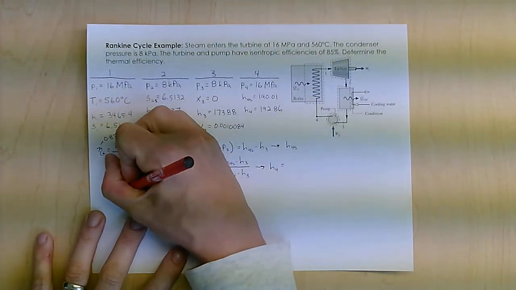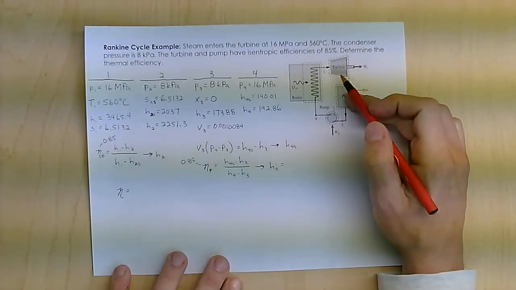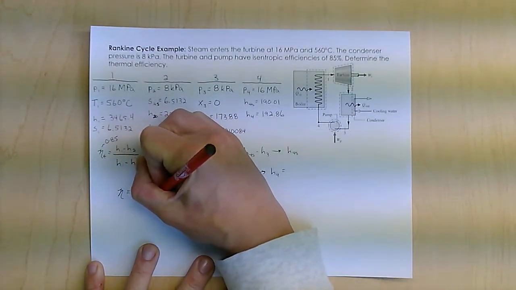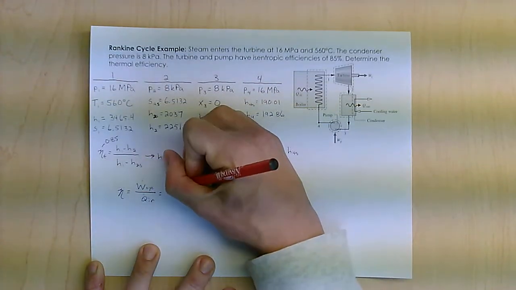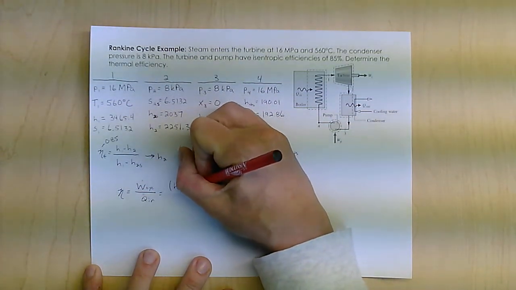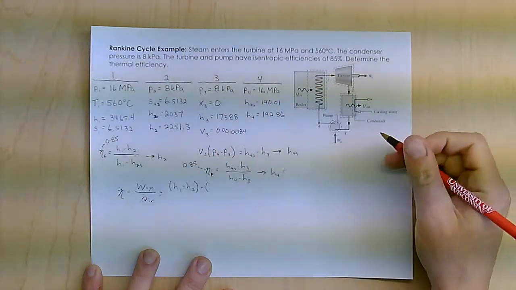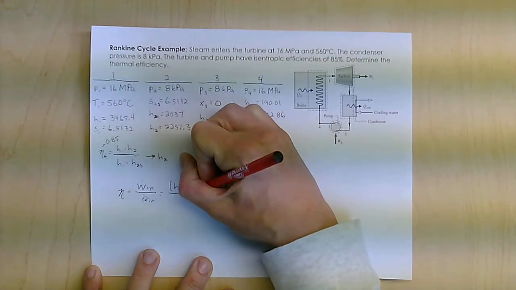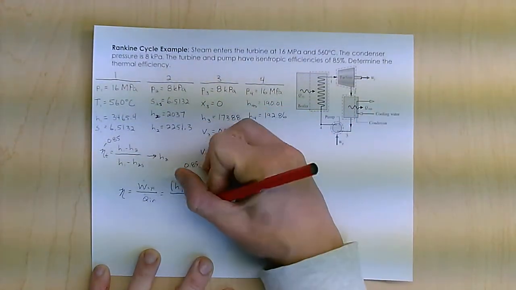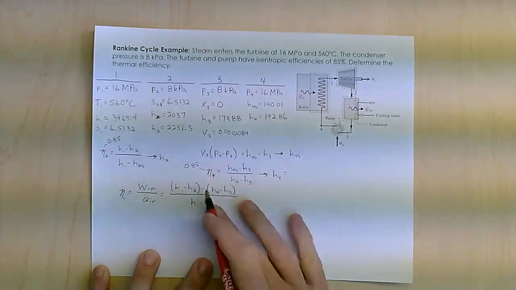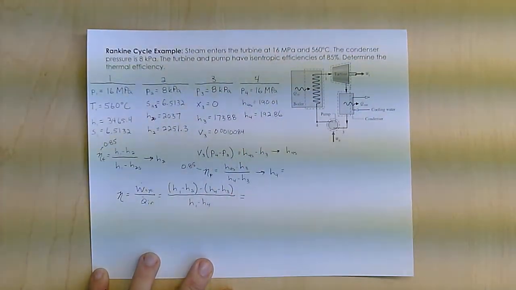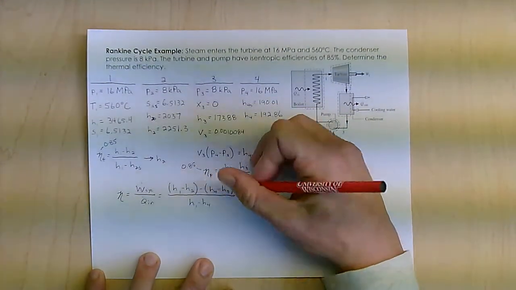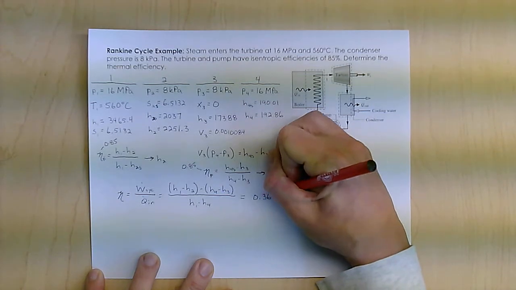My thermal efficiency, which is what I'm looking for, is the work of the cycle over Qin, which is the work of the turbine, H1 minus H2, minus the work of the pump, H4 minus H3, all over Qin, which is H1 minus H4. Plugging in all those values for H, I find a thermal efficiency of 36.5%.